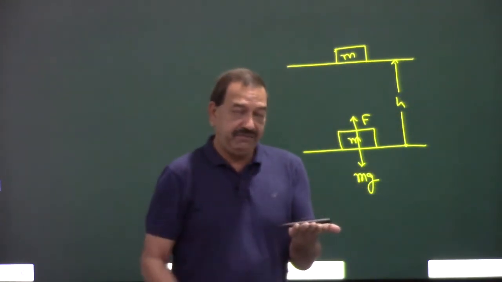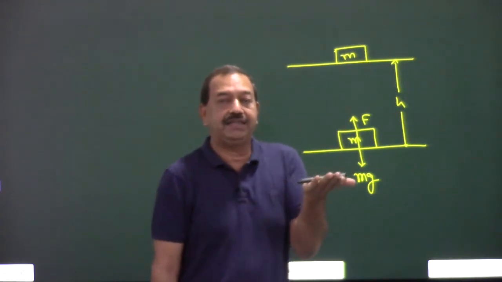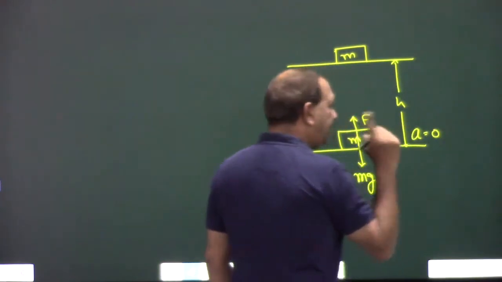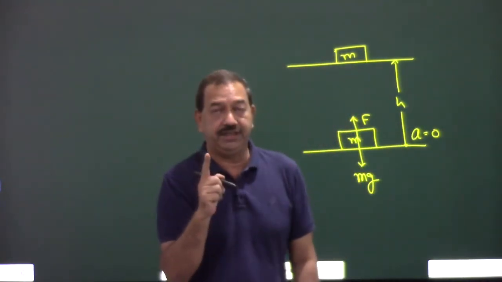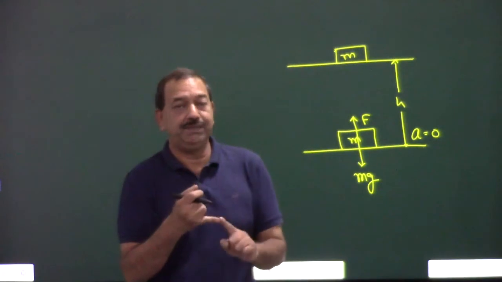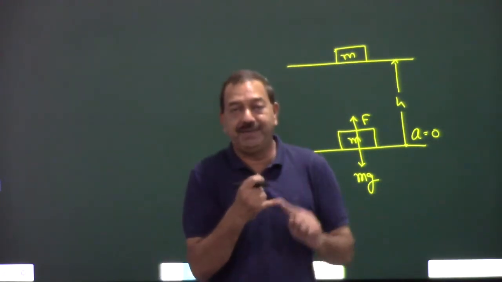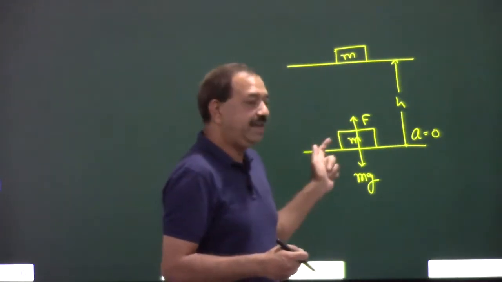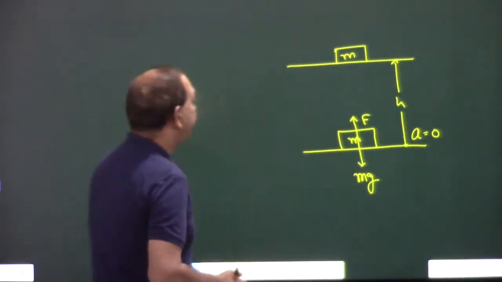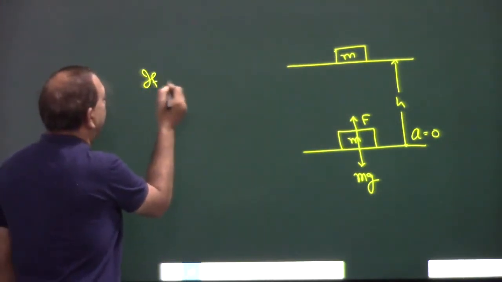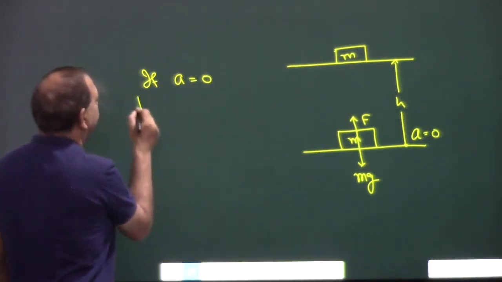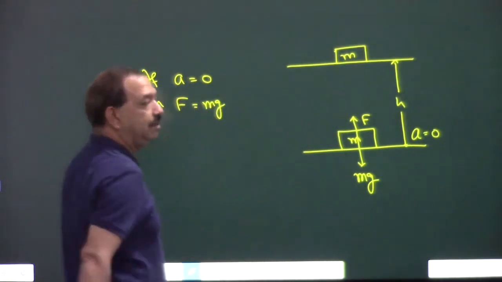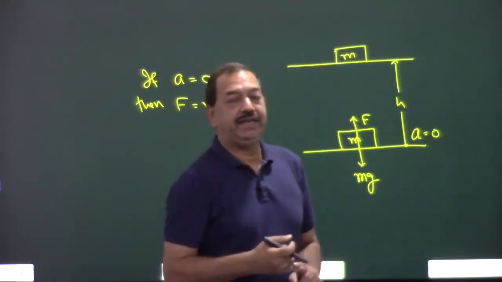Because I am lifting this object without giving an acceleration. Because acceleration is not there, speed is not changing. Acceleration is not there, speed will not change, and if speed does not change, there will be no change in kinetic energy. So we are in the situation when acceleration is 0. If acceleration is 0, then F should be equal to mg. Right? The force must be equal to the weight.